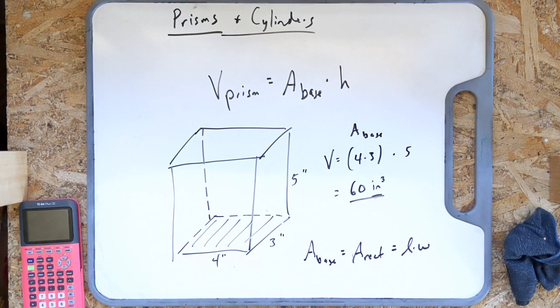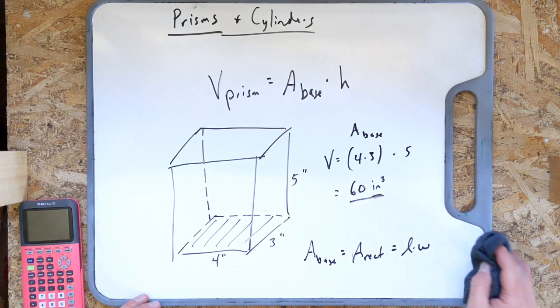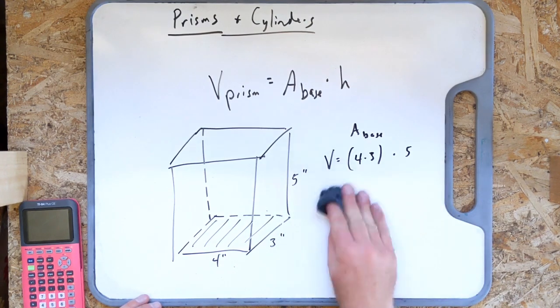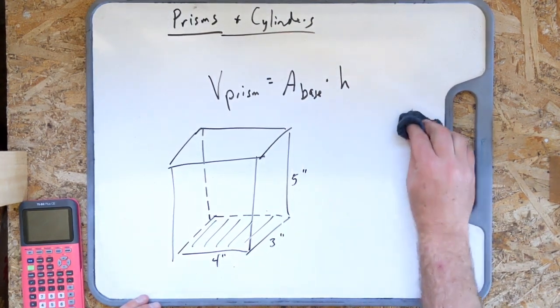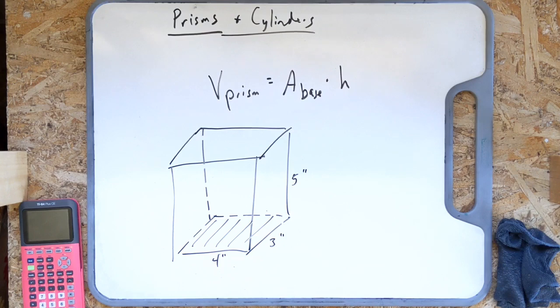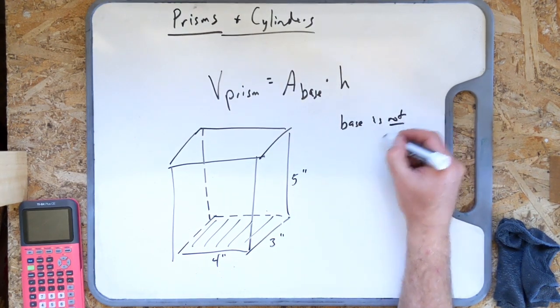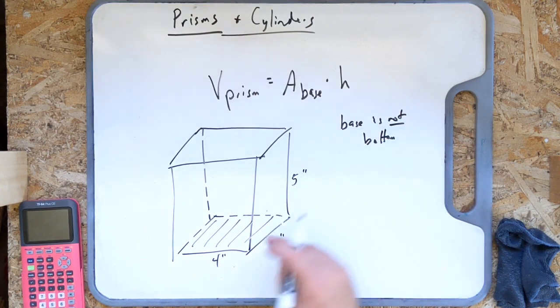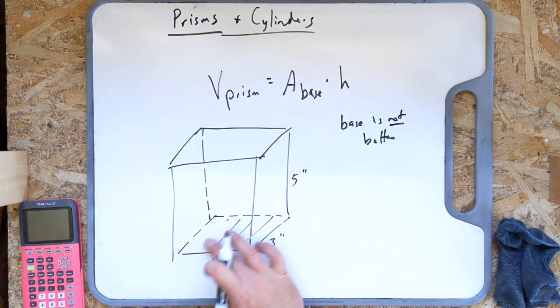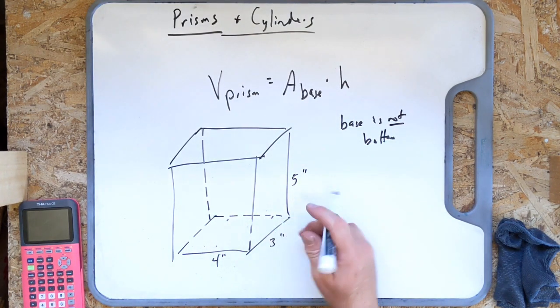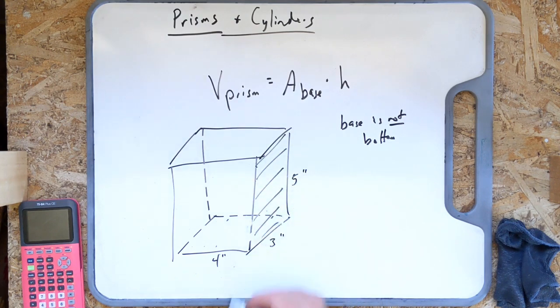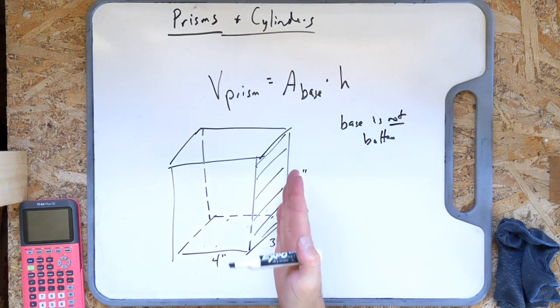Before I give you a couple problems on this, recognize the base is not the bottom. I'll do it with this example here, and then one that's a little more important that you make that differentiation. So base is not the bottom. In this case, I made it the bottom, but it doesn't have to be. This could have been the base. Remember, the base is just two parallel parts.